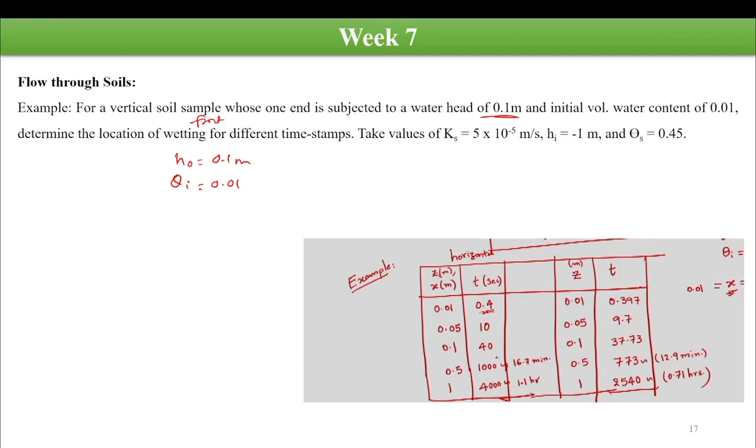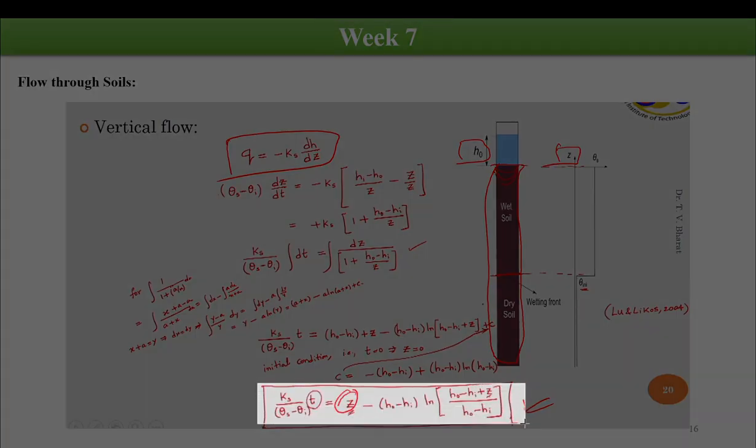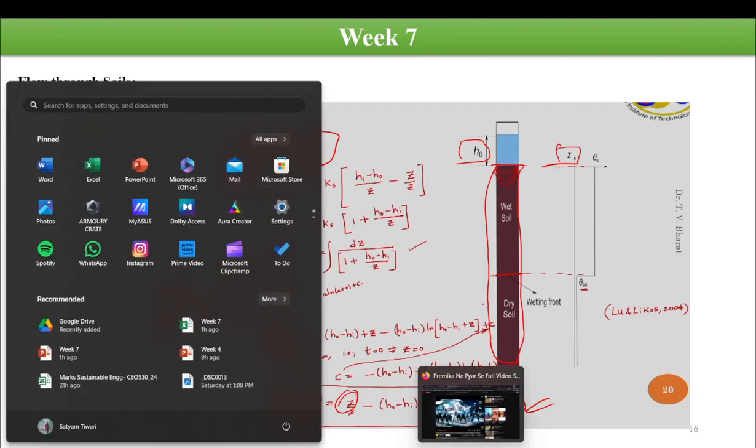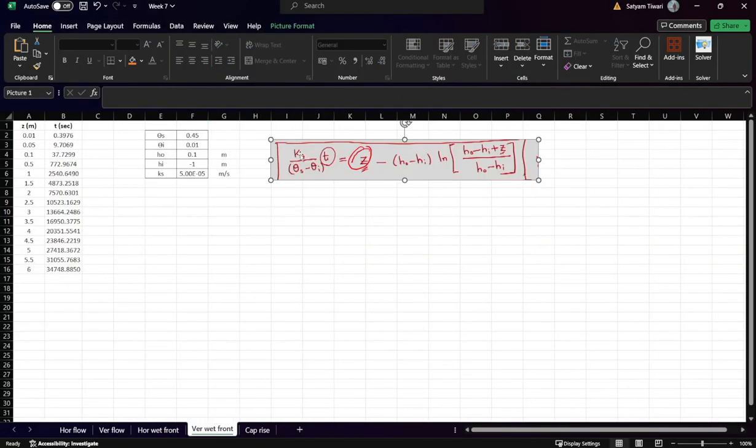So take values of Ks this one, Hi this one, theta s this one. Okay, similar to the last case, just that the expression will change. So now we'll just take this equation and we'll move on to our Excel for the vertical flow.